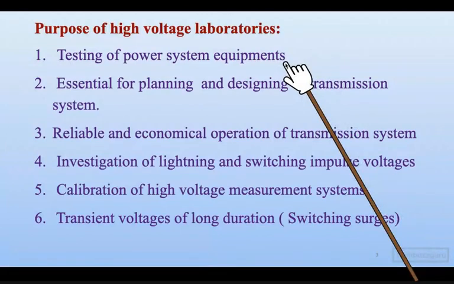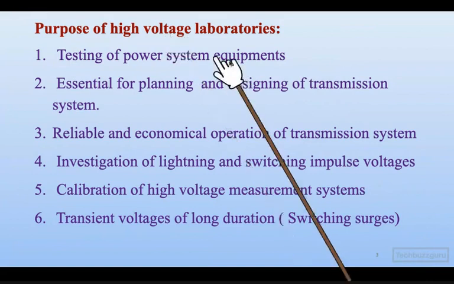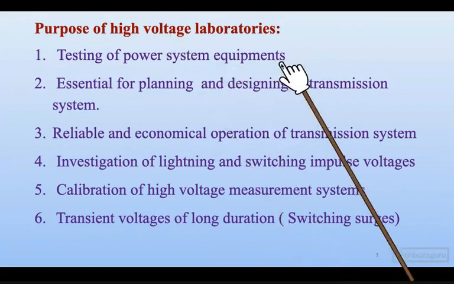Now, which type of power system equipment is to be tested? When we talk about high voltage, the power system equipment that comes under this category is mainly the transmission part of the system. Okay, mainly the transmission network, because power generation takes place at, let us say, 12 to 15 kV at the thermal power station.